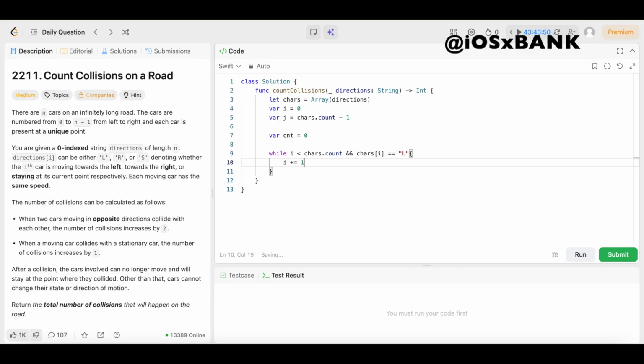Boom. Then we're going to move the J pointer backwards while cars at the right edge are R, and trailing R cars never collide because they keep moving right forever.